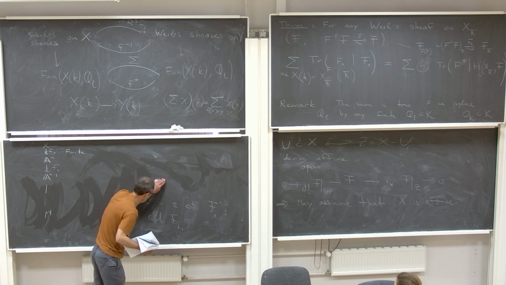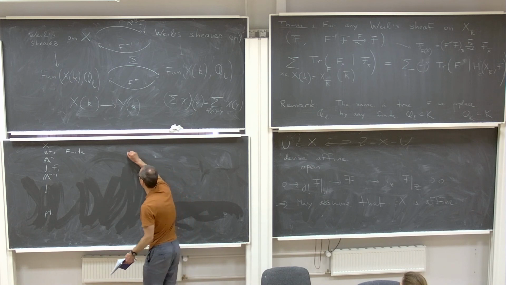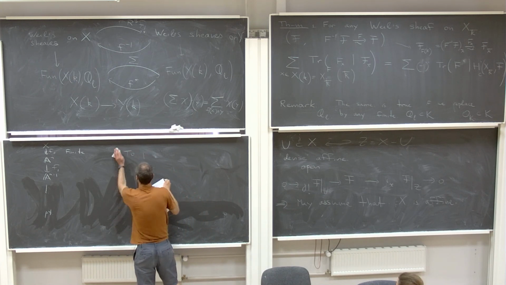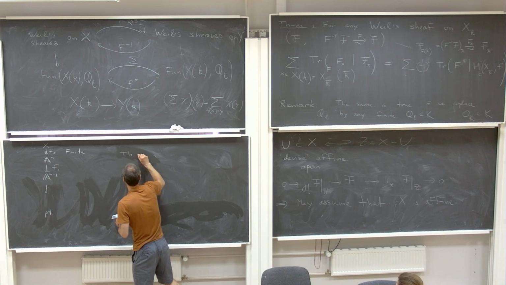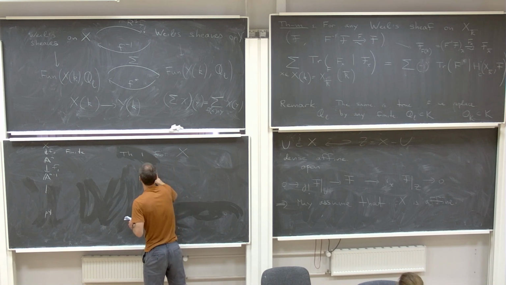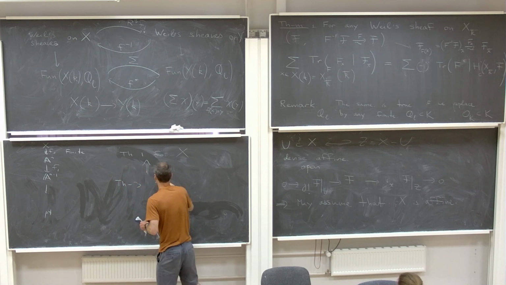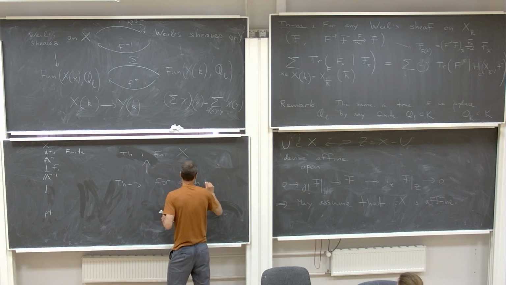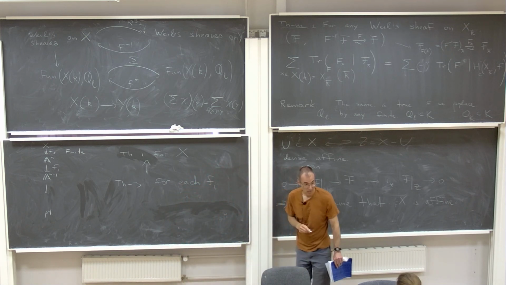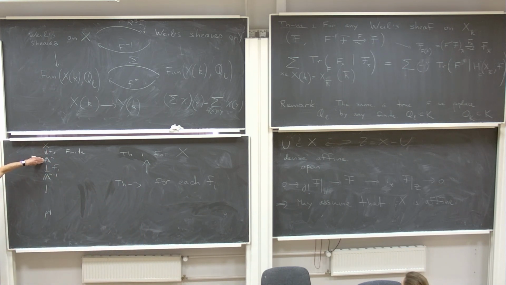Now, to prove theorem 1 for X, it will follow from theorem 3, the relative version, for each f_i. Right? So I take the characteristic function of my sheaf here, and I'm interested in its pullback here, push forward here. But now the fibers are curves.